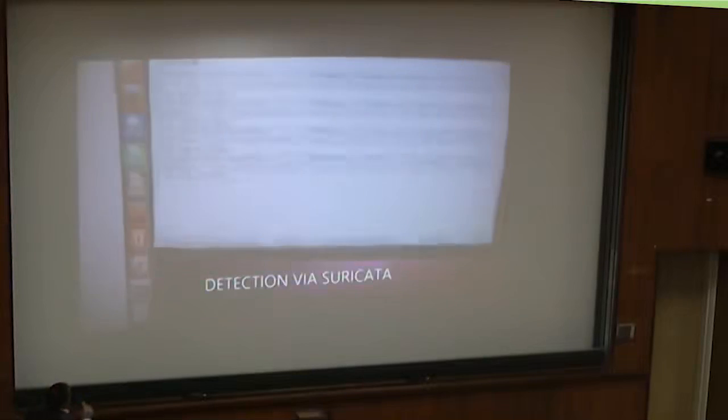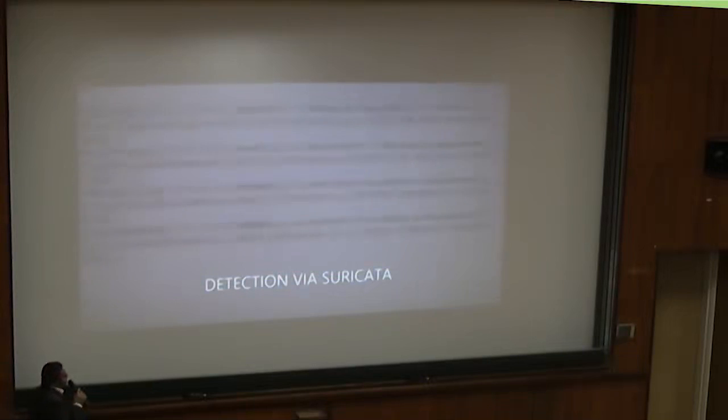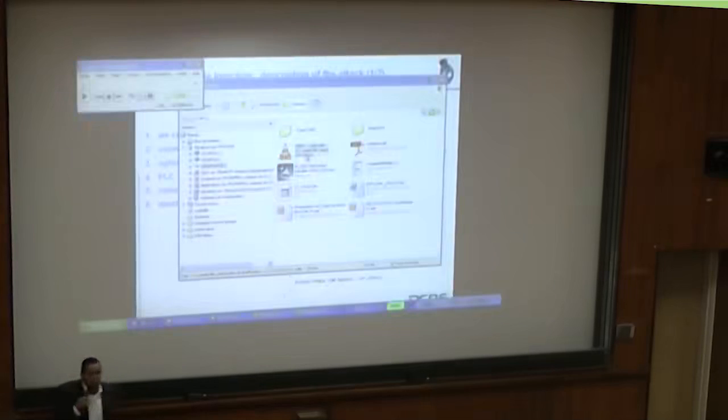The last attack consists of making a random movement of the gun. And here we have the log file of Suricata, which detects the dynamic injection of the modified block throughout the PLC.